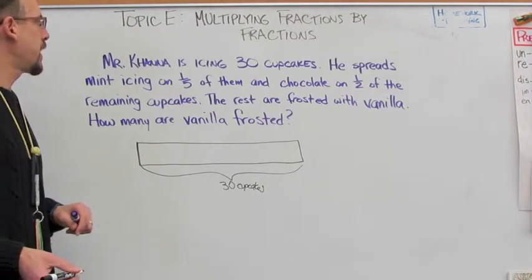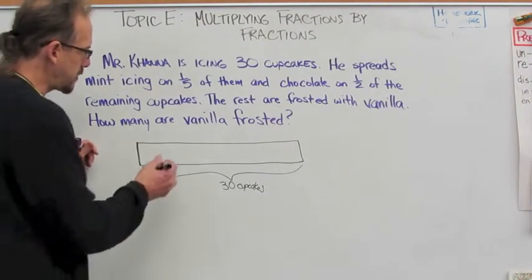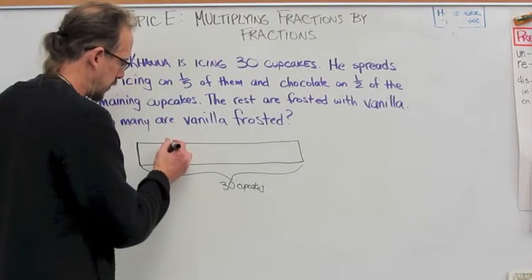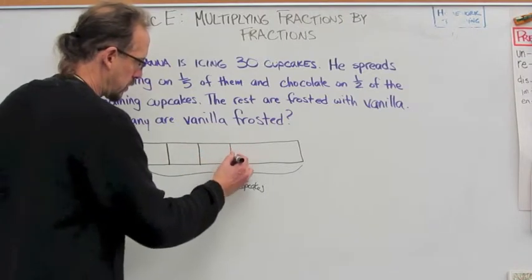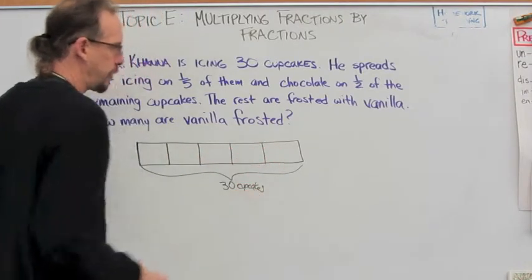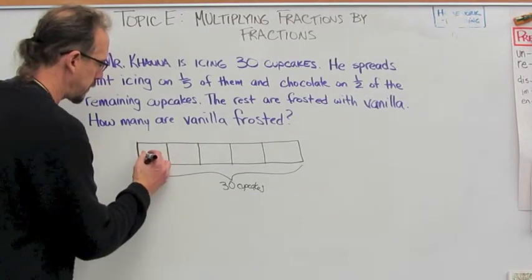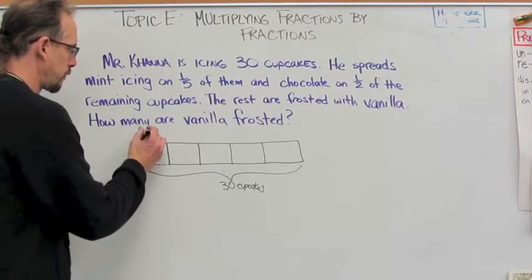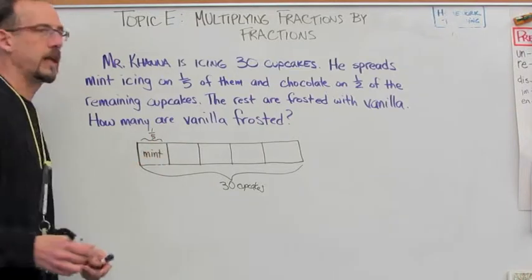And I'm going to spread mint icing on 1/5 of them, so I've got to cut this up into fifths: 1, 2, 3, 4, 5. And 1/5 of them are going to be mint. And I'll label it like that.